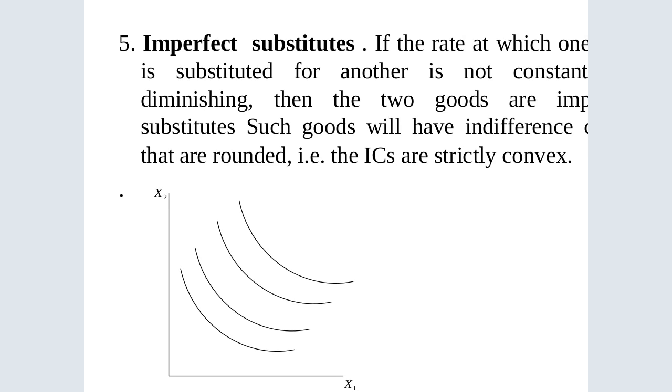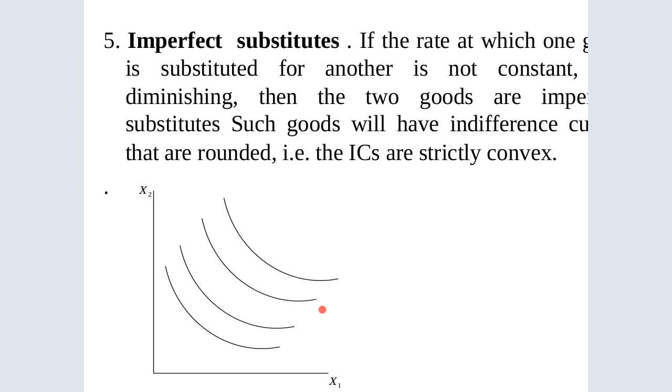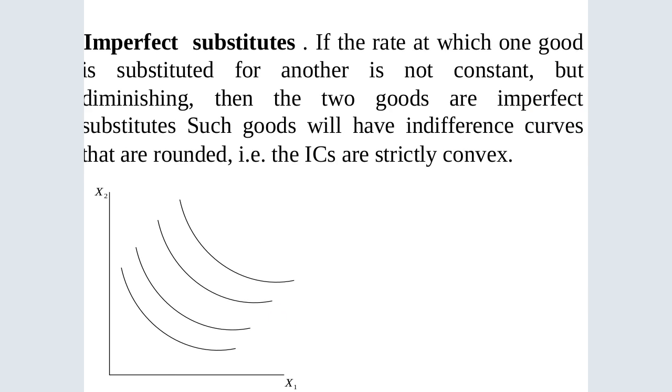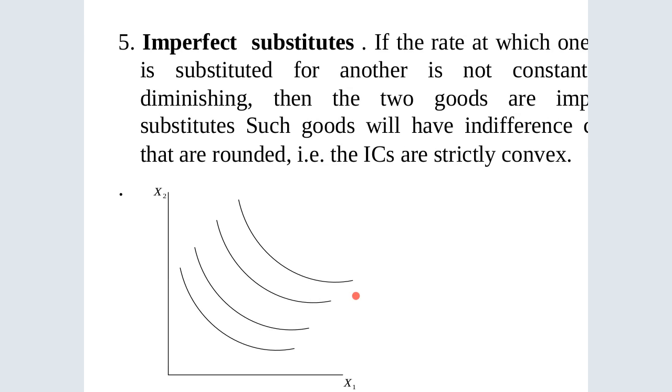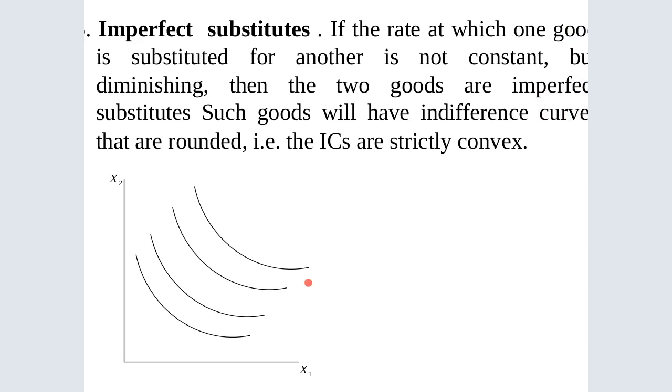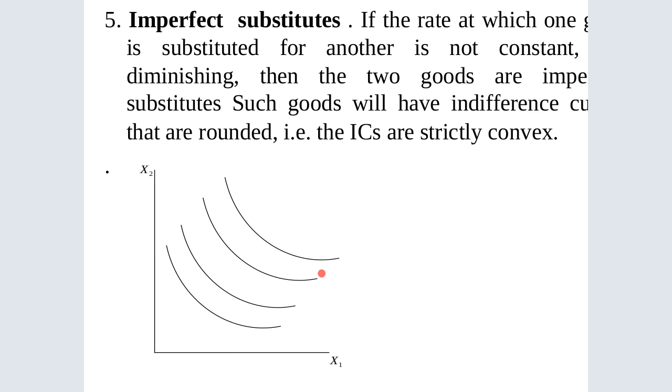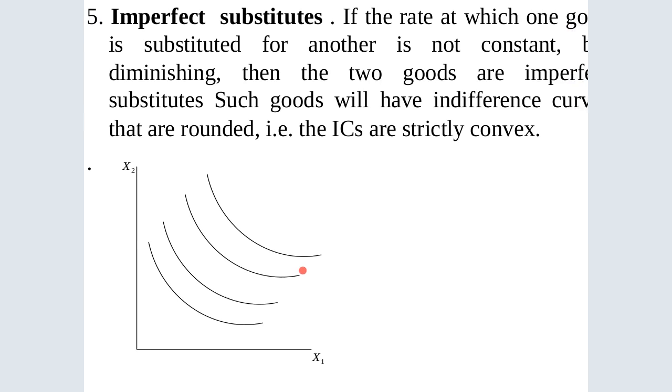Then we have the fifth shape of the indifference curves, and that is for imperfect substitutes. So for imperfect substitutes, the rate at which one good is substituted for another is not constant, but diminishing. So the two goods are said to be imperfect substitutes.